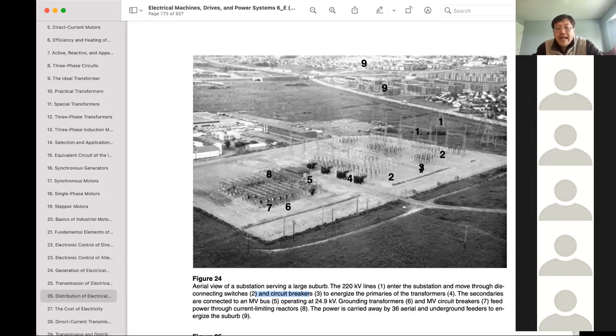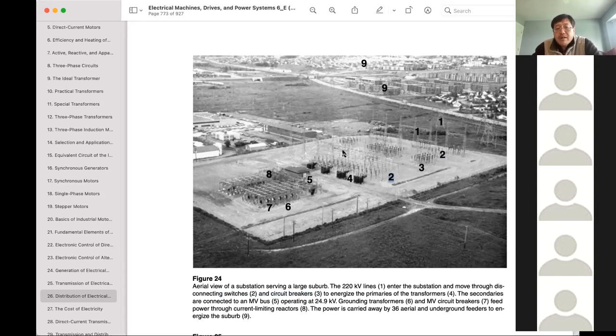And what is after? After the circuit breakers are the switches. So number 2 are switches, actually not circuit breakers. You have switches before, switches after. So you have 2 switches.